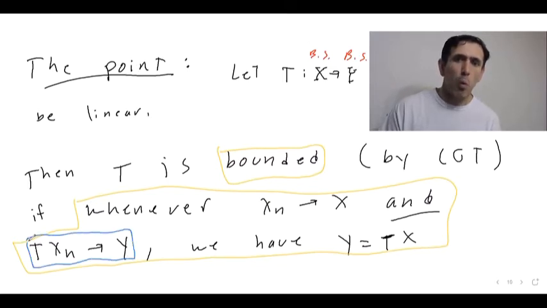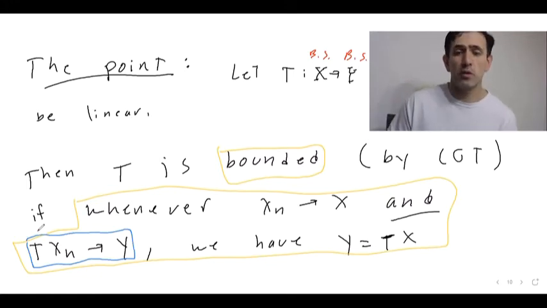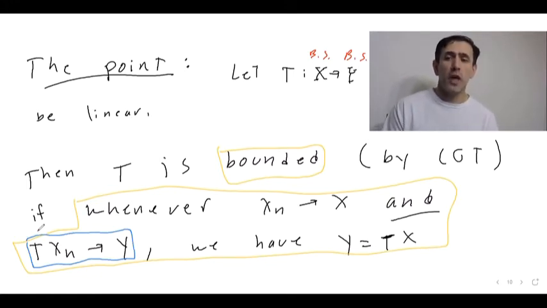So we don't have to worry about Txn converging. We just have to show that, assuming it converges, it in fact converges to Tx. That's really important for a lot of interesting applications. It really makes proving continuity that much easier.